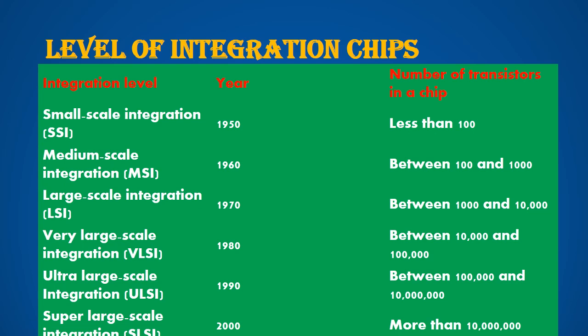Then large scale integration in 1970, the number of transistors fabricated in a single IC is between 1000 and 10,000. Then comes the very large scale integration, that is between 10,000 and 1 lakh. Then again there is ultra large scale integration, that is ULSI, in 1990 and 2000. Super large scale integration, SLSI. But now the trend is VLSI, very large scale integration.